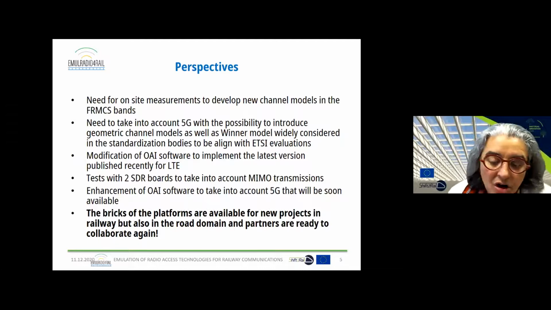And also in the north of France here, we are investigating the possibility to set up some kind of European lab dedicated to simulation and emulation.